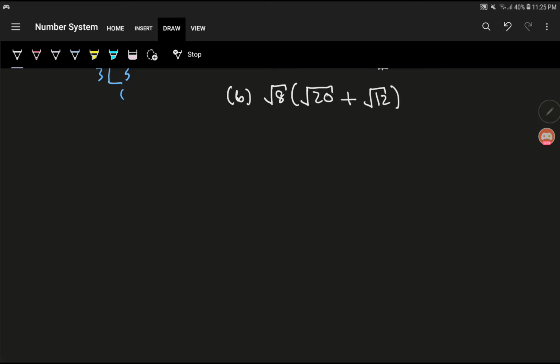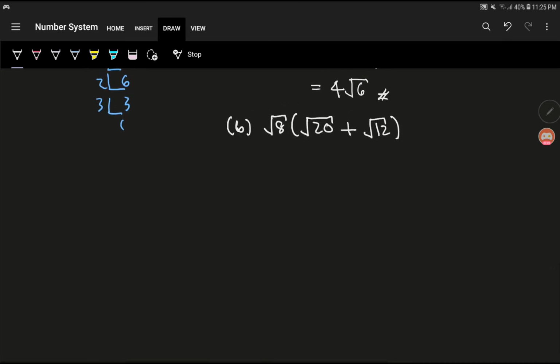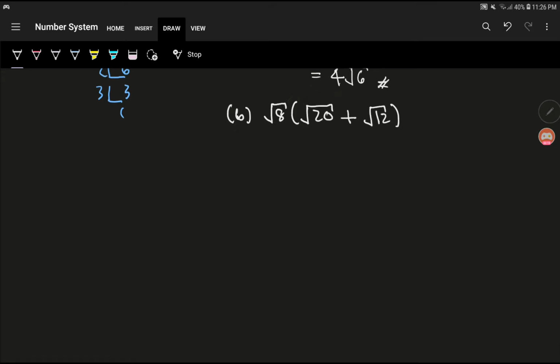Okay, so for this example, what we can do is, either you separate 20 and 12 into two factors, or you multiply. I prefer to multiply the surd 8 with the surd 20 and with the surd 12.